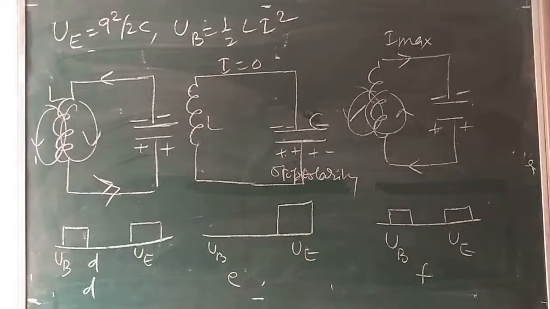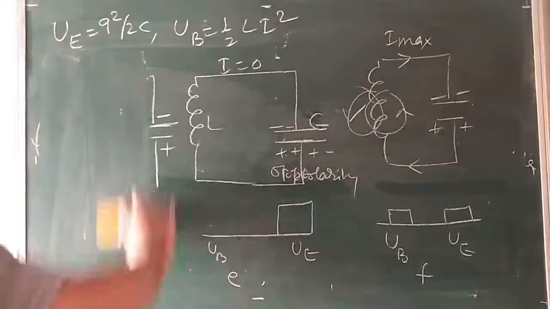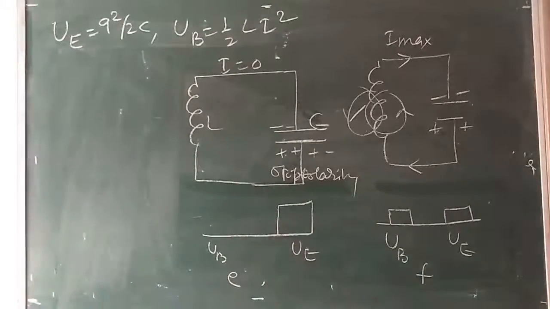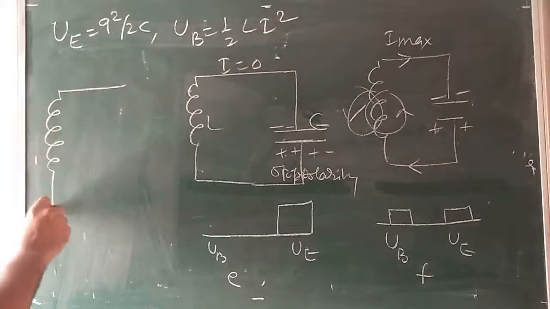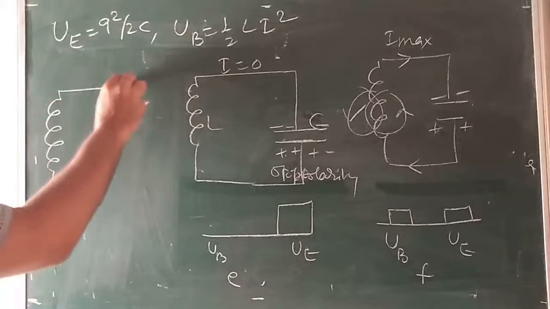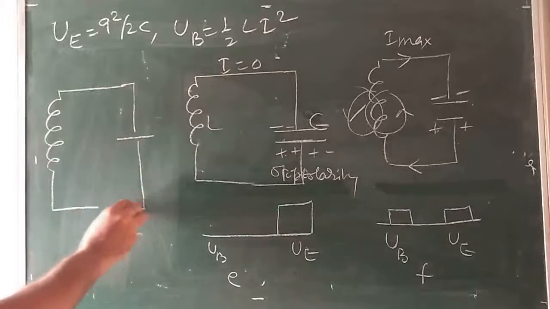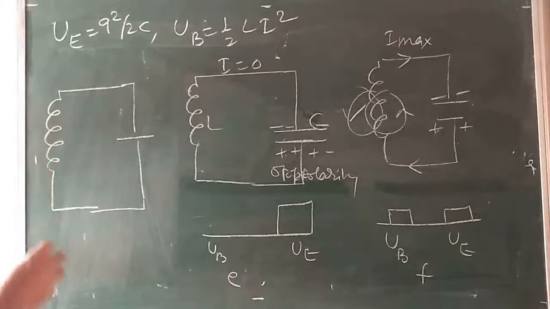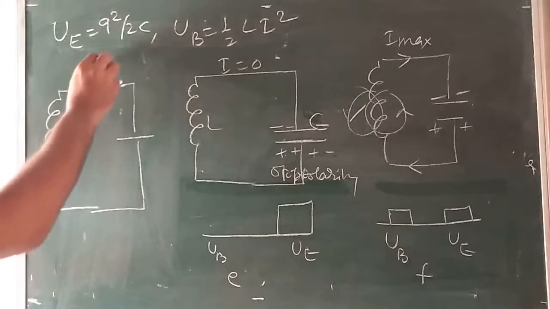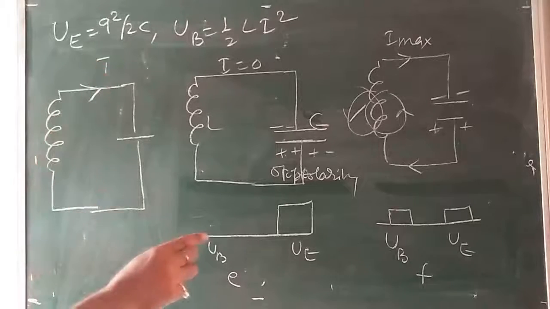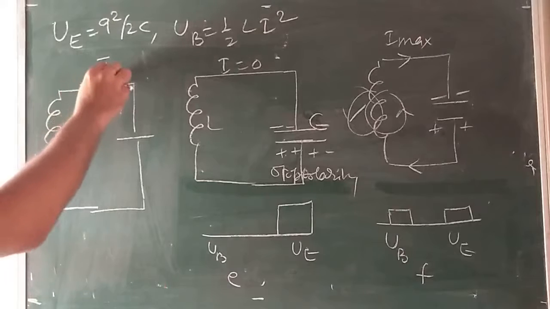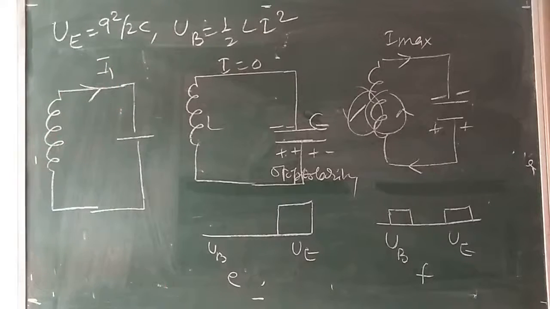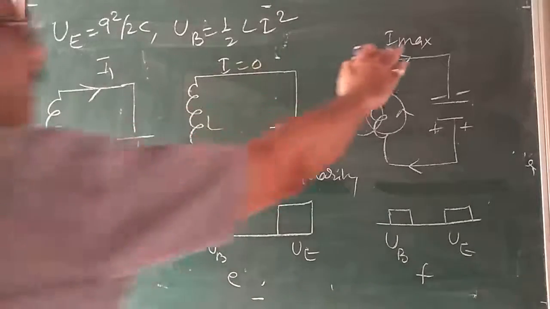And at last, in the eighth stage, here is our capacitor and here is our inductance. The current here is I. In this stage the current I is not maximum.